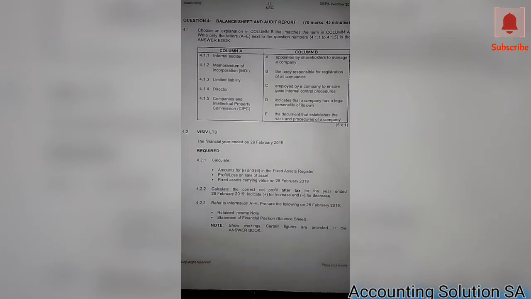Then 4.1.3 is going to match with D, which says that limited liability indicates that the company has legal personality of its own. Then 4.1.4 is going to match with A, which says the directors are appointed by the shareholders to manage the company. Then 4.1.5, the last one, is going to match with B.